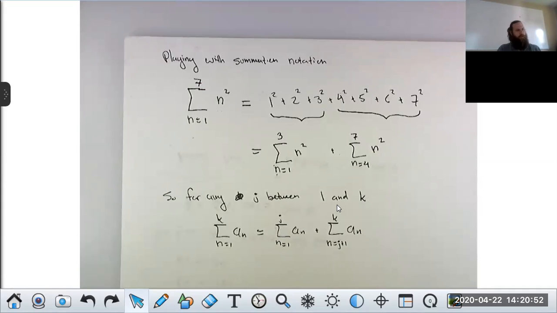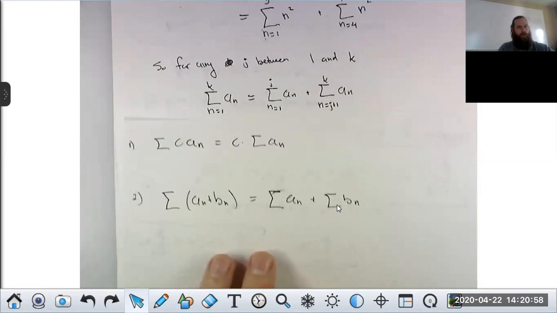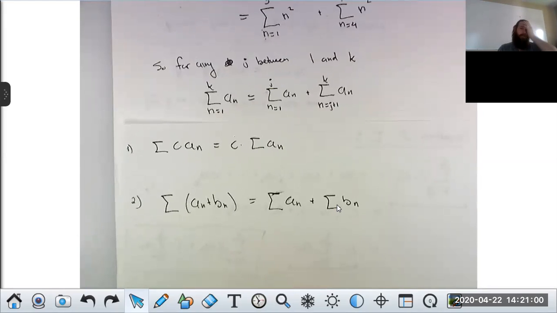Questions on any of these properties here? I feel like we understand what each of those is saying. If you have a question, it would be a good idea to ask. This is the best time to ask. Are you comfy with what I'm doing here when I leave off the indices?